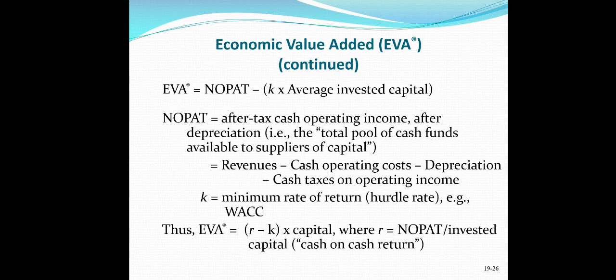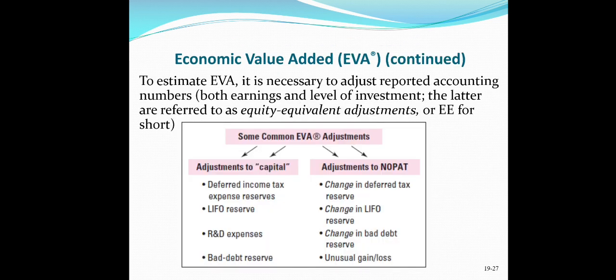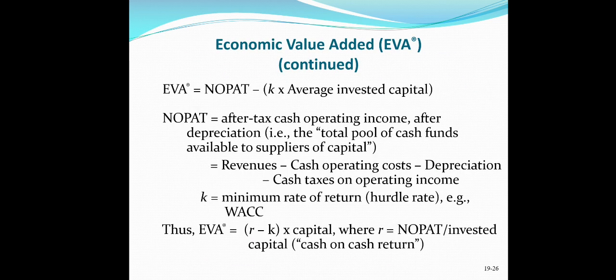Thus, EVA equals R minus K times capital, where R equals NOPAT divided by invested capital, or cash on cash return. I will show you a sample question related to EVA. Then you can see how to use EVA and how to interpret the results of the EVA calculation.